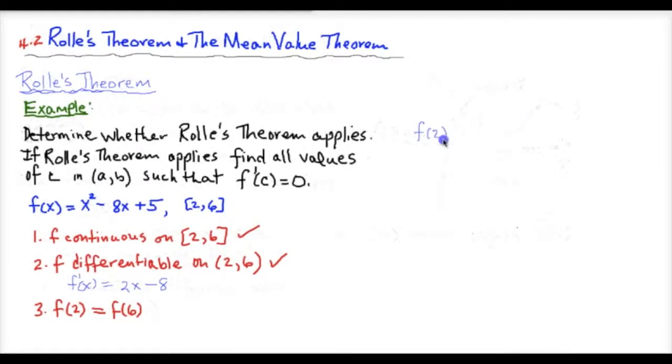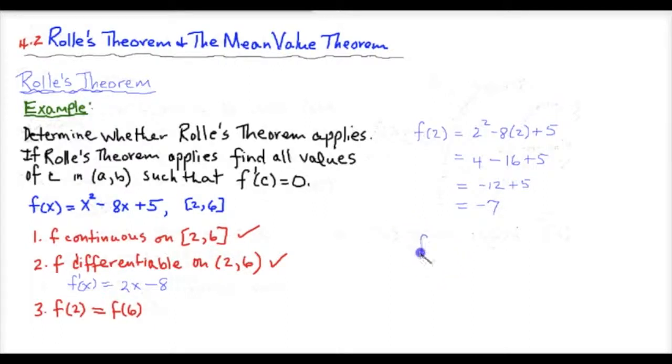F of 2 is equal to 2 squared minus 8 times 2 plus 5. We end up with 4 minus 16 plus 5. 4 minus 16 is negative 12, plus 5, and we end up with negative 7.